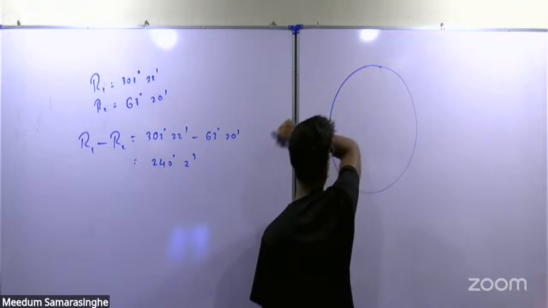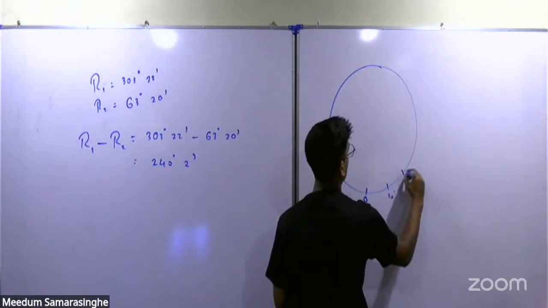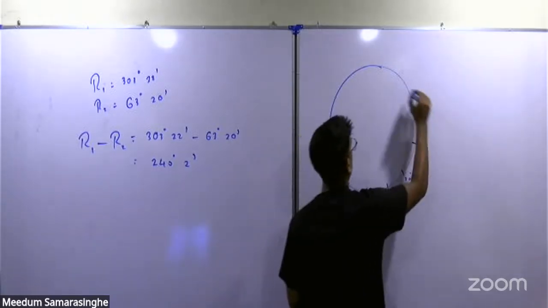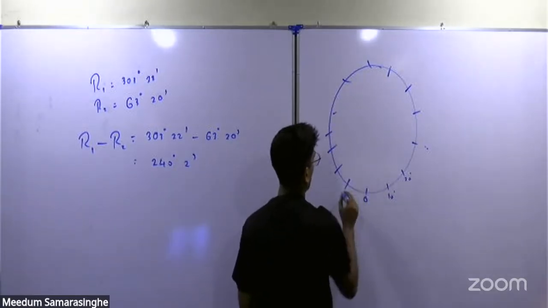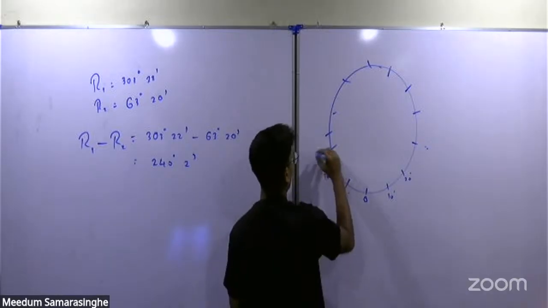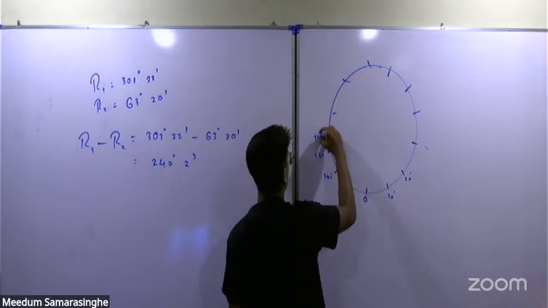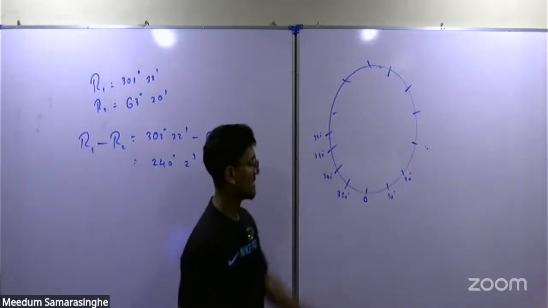This is a circular scale. Here you have 0. Let's say this is 10 degrees, 20, 30, 40, 50, 60, 70, 80. And there you have 250 degrees, this is 240 degrees, this is 330 degrees, 320 degrees, and so on. 0 means 360 degrees.